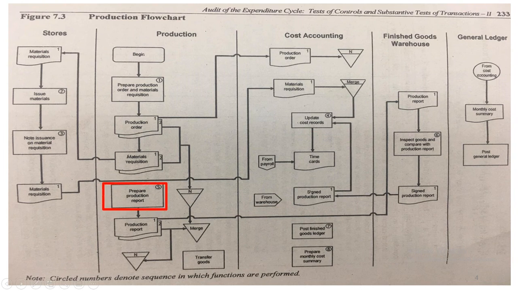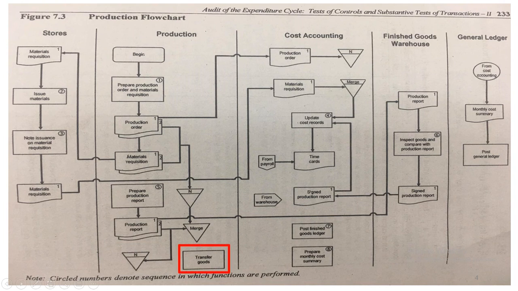And then the production department will then prepare a report for the status of the production process or the goods. Okay. So by this, the production department will prepare 2 production reports, and the second copy is merged to the materials requisition and the production order, and then later on, these 3 documents, the production order, the materials requisition, and the production report will then be filed by the production department in numerical order.